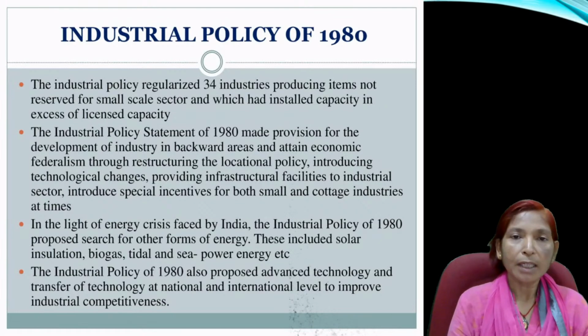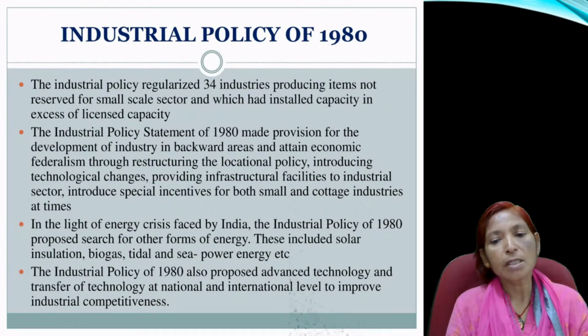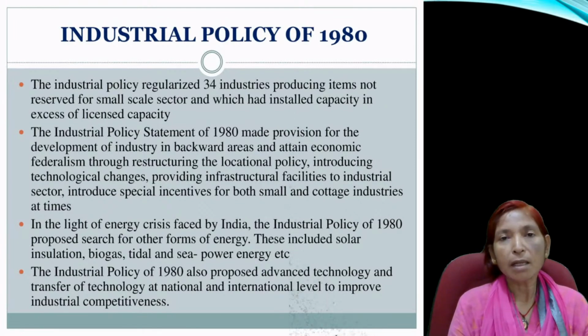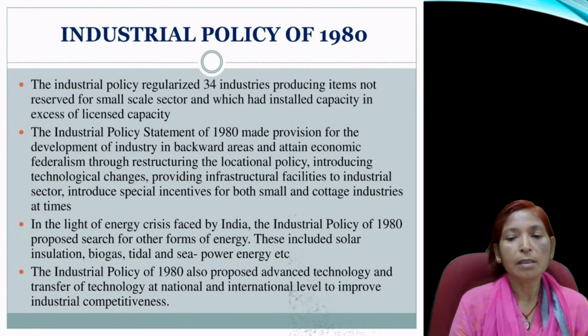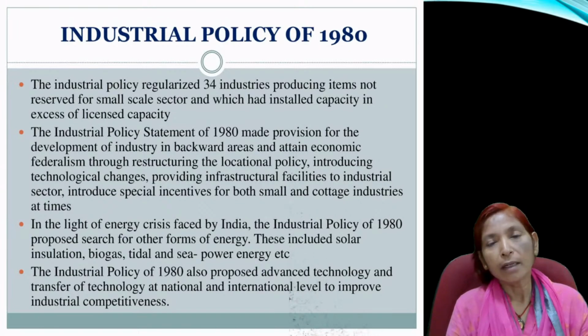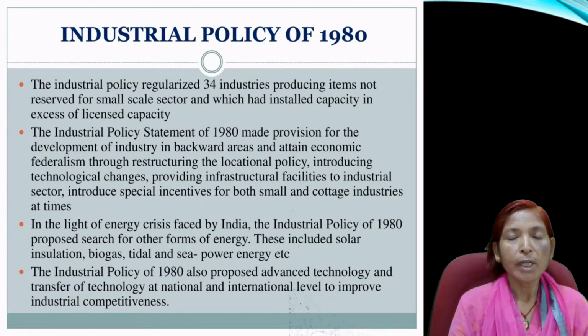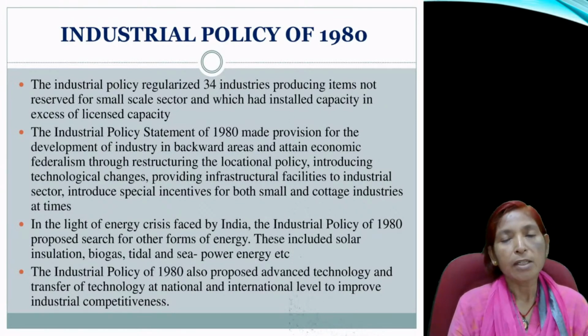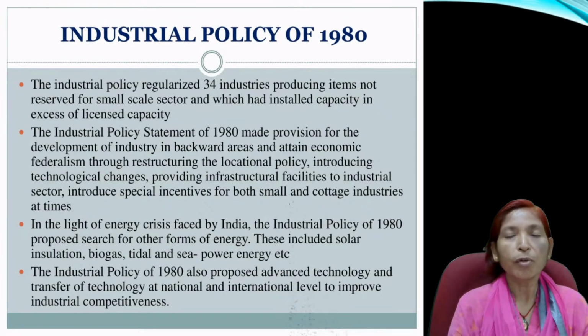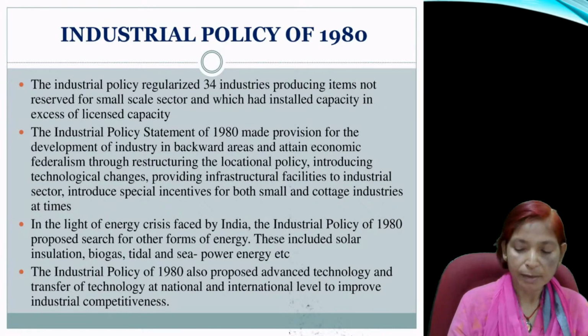And in case of the energy crisis, the government in this industrial policy proposed a search for new and other forms of energy like solar insulation, biogas, tidal and sea power energy. And this 1980s industrial policy proposed advanced technologies and transfer of technologies at both the national and international level, to improve industrial competitiveness.